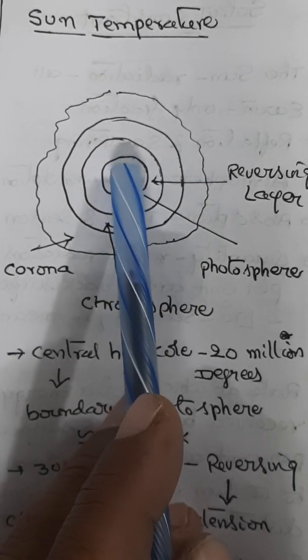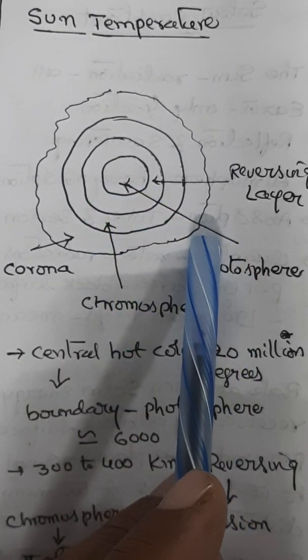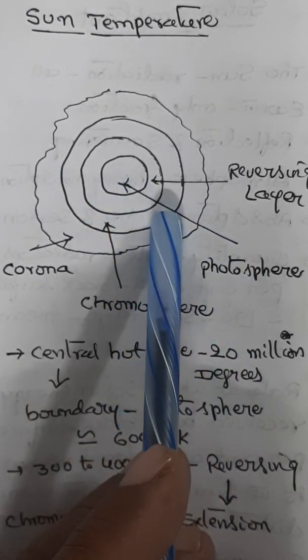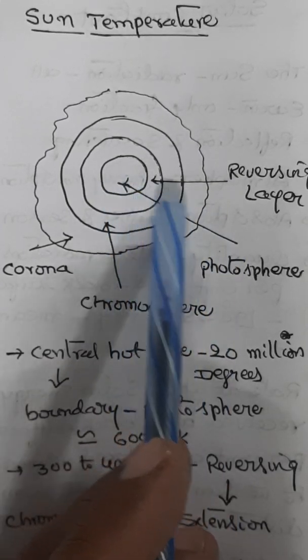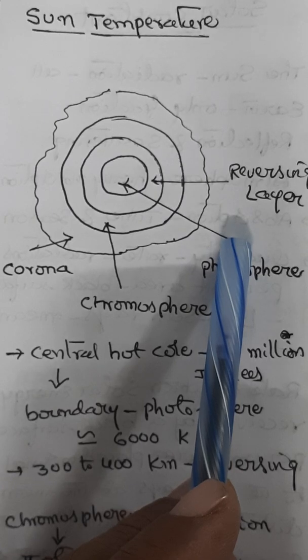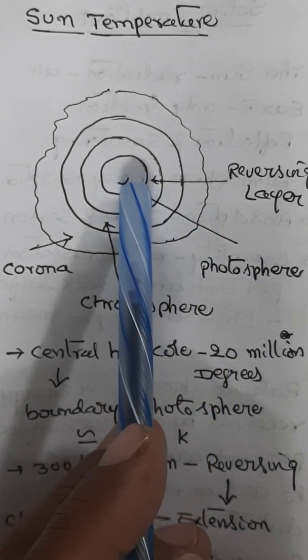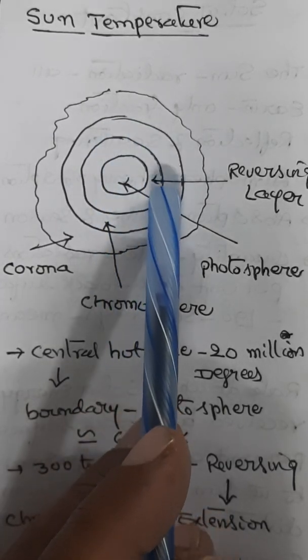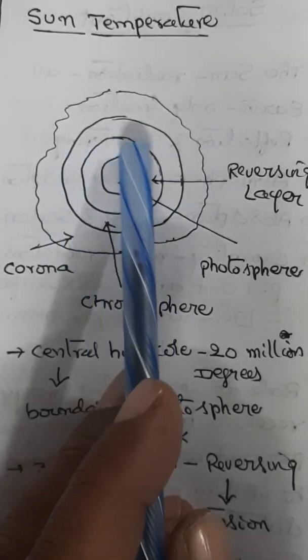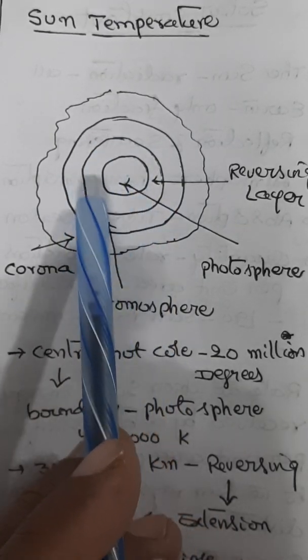The boundary of this central core is a thick shell, what is called the photosphere. Temperature of the sun usually means the temperature of the photosphere, which is around 6000 degree Kelvin.